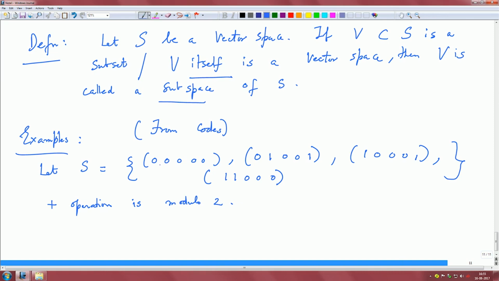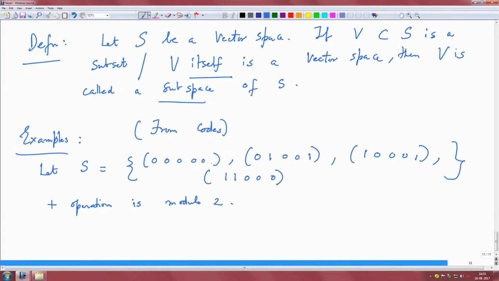Can we think of this as a vector space first, right? You take 0 and add it with any of these 3 elements, you get back the element, right? If you take 01001 and add it with this, you will get this back. So this is basically like an identity, right?